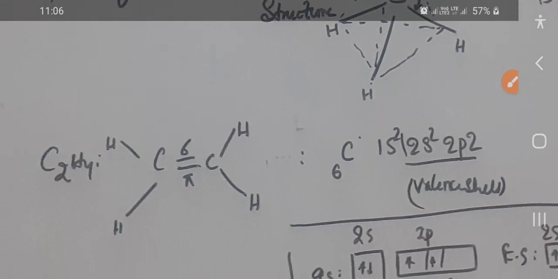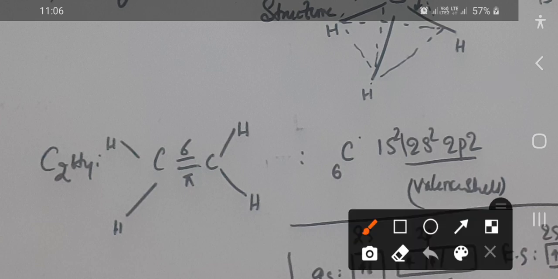If we want to find out the hybridization of carbon atom in alkene molecule, then we have taken ethene to explain it. This is the structure of ethene, and now each carbon forms 3 sigma bond and 1 pi bond, because the valency of carbon is 4, so the number of bonds will be 4.